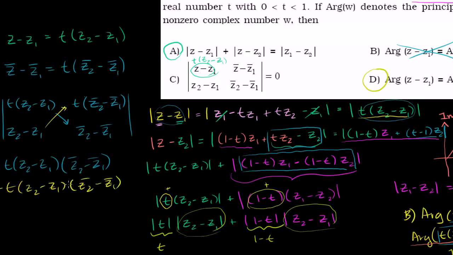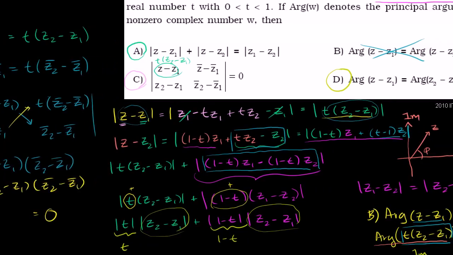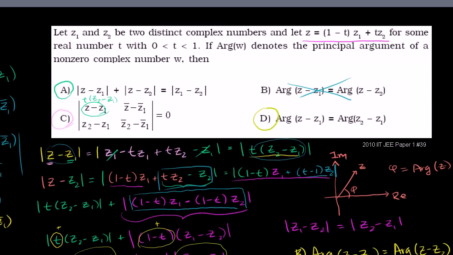Now, this is exactly equal to this. These things are obviously going to cancel out, and we're clearly going to get 0. So C is also true. So the correct answers to this original problem, the correct answers were A, C, and D.